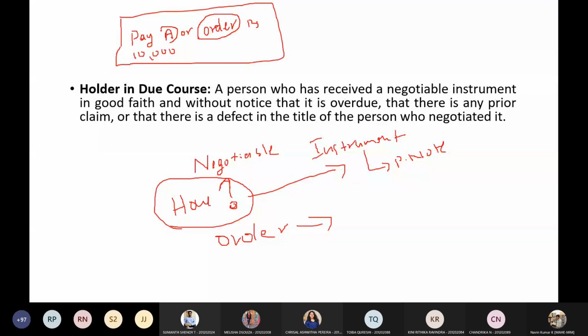Mr. A. This instrument must be made payable either to Mr. A or the order of Mr. A. Since this instrument is made payable to the identifiable person, a specific person, or order of the specific person, this instrument is an order instrument.